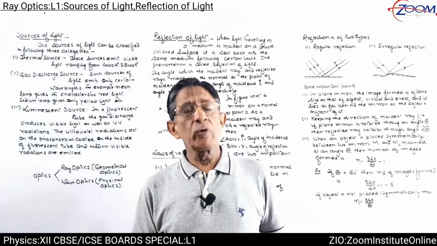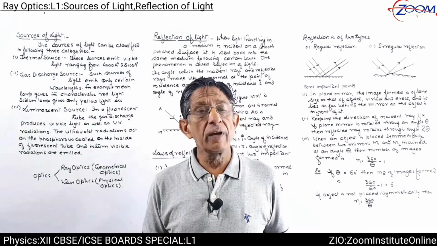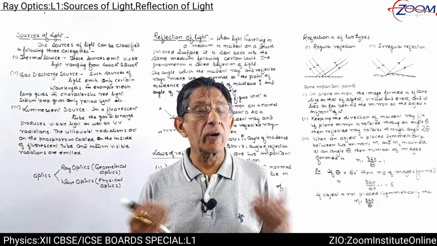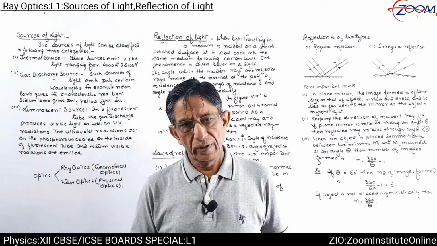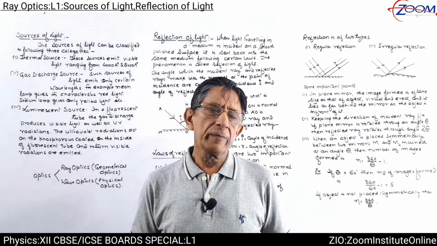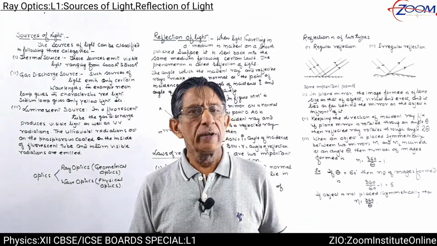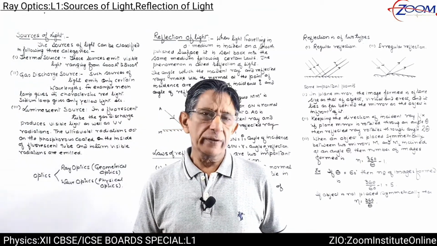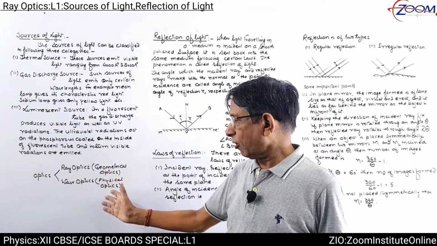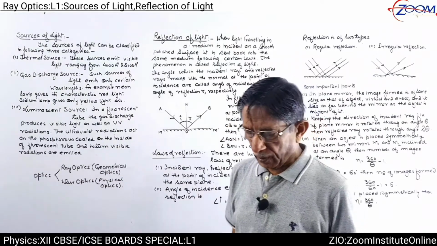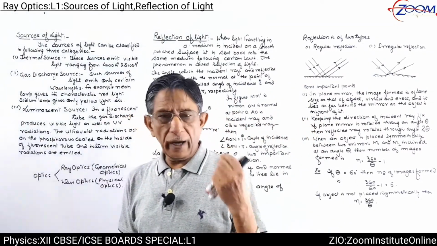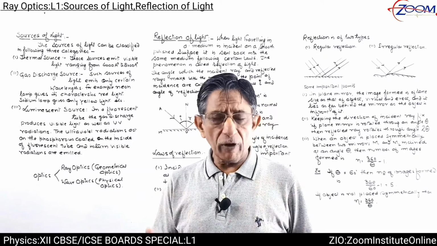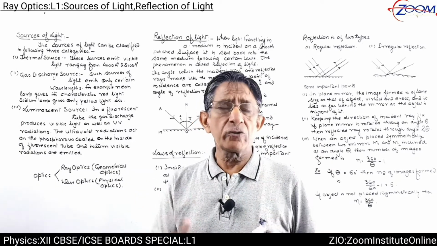And the various phenomena exhibited by light, like diffraction, interference, polarization, etc. So, optics has been classified into two parts: ray optics, also called geometrical optics; wave optics, that is also called physical optics.